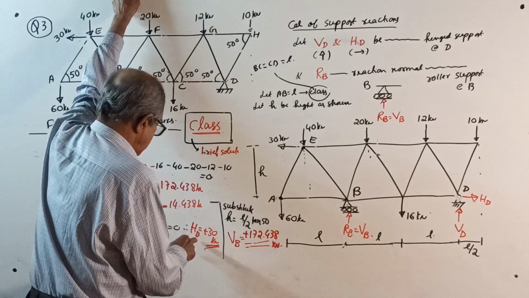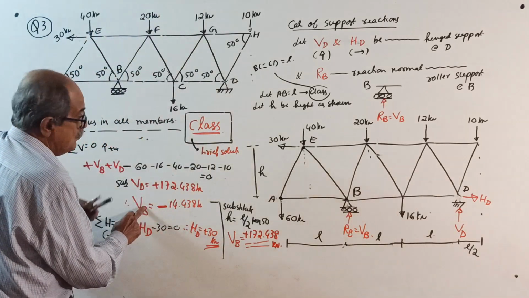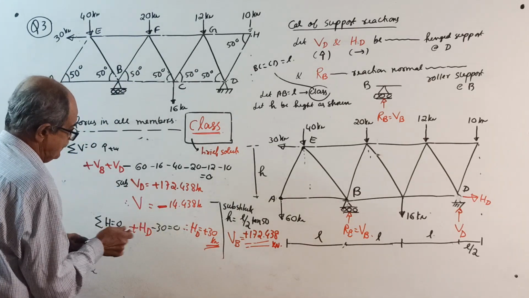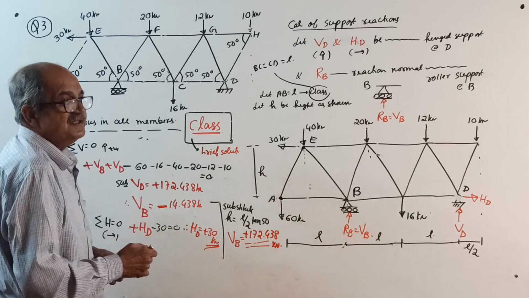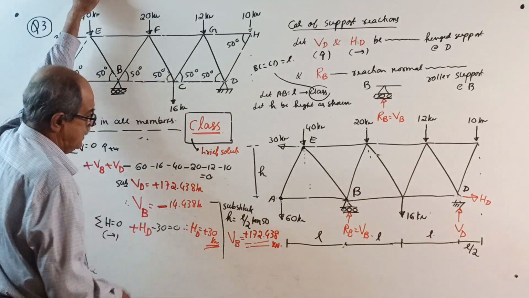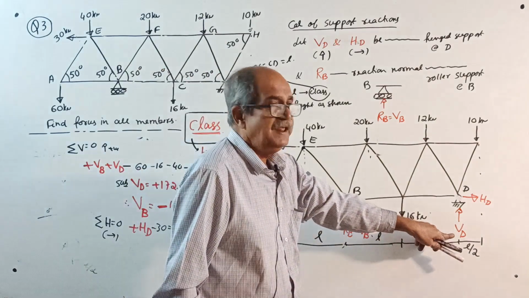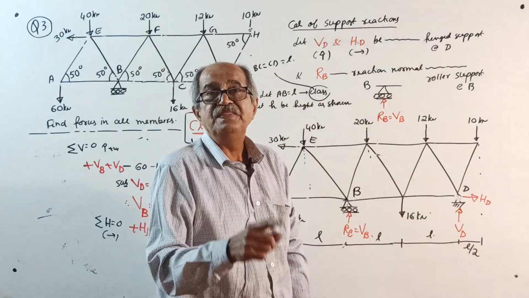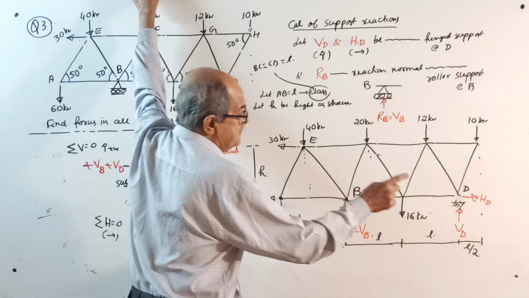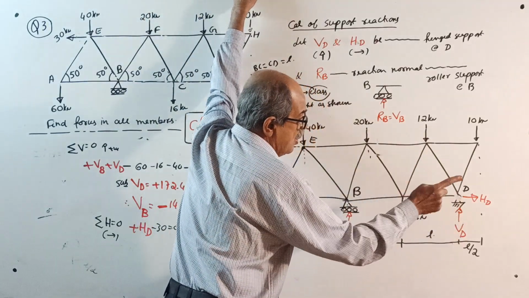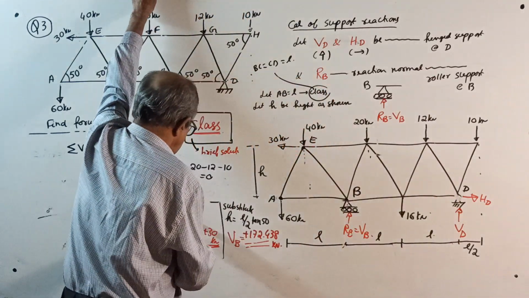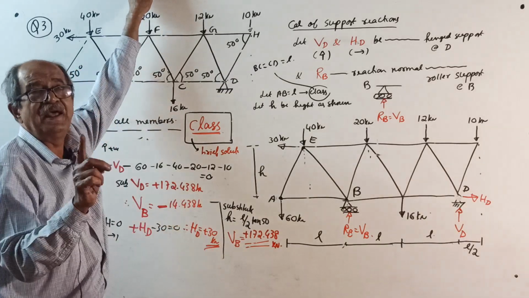But VD is known, VD it is. Okay. But VD came minus 14.438. We assumed VD vertically up. Negative sign came. So the negative sign indicates that the direction we assumed there is wrong. The actual vertical reaction here is downward, 14.438. No minus once again now.